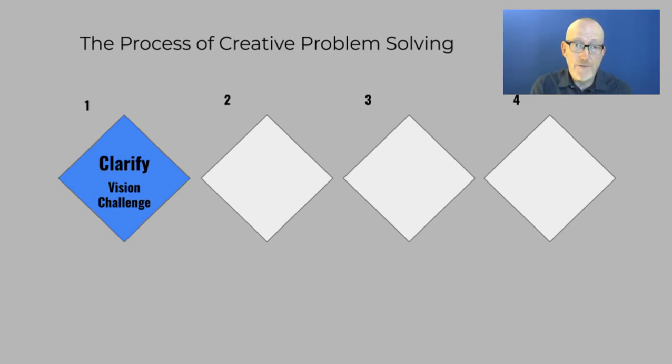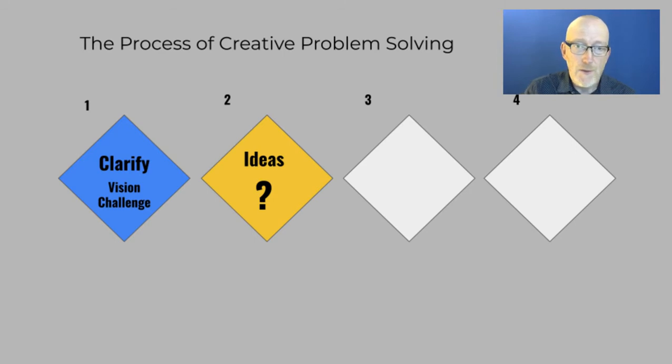Now, it's very important in any problem solving process to fully understand and define the problem, but in a creative, collaborative process, I think it's even more important. So make sure that you fully understand the problem.